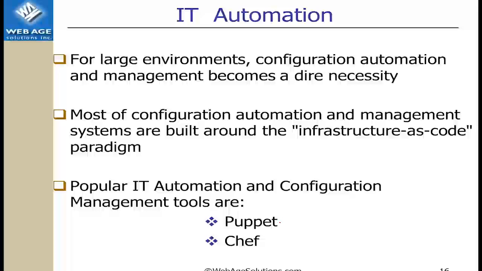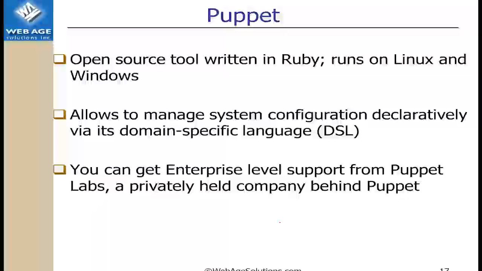Most of those configuration automation tools are built around that infrastructure as code model or paradigm, and I mentioned Puppet and Chef previously. So those tools really help you to create that seamless experience for managing large clusters.